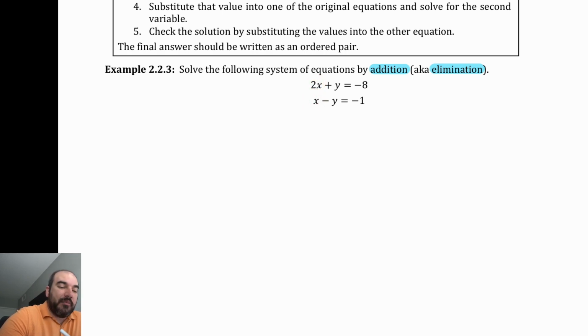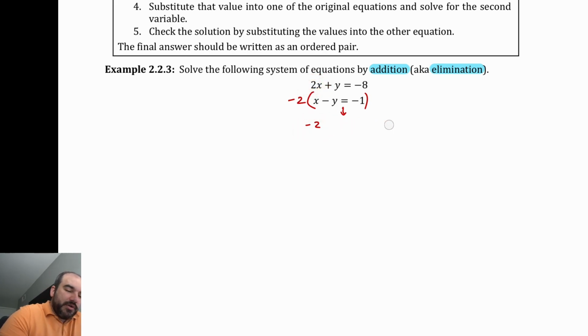We could remedy that by multiplying this equation by a -2, which would place a -2 in front of the x. If we did that, we would have -2x plus 2y equals +2 for the second equation, right? And now we see that the x has a 2 in front of it in the first equation and a -2 in front of it. That's what we're looking for.